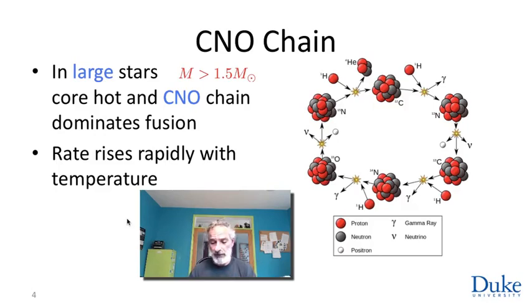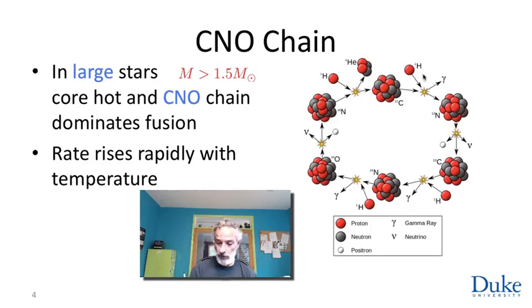This is a process in which the steps are many and detailed, and we don't need to go into them, and you can read up on them. But basically, the presence of carbon in the core catalyzes fusion in the sense that carbon fuses with hydrogen to produce nitrogen, which decays to leave carbon, a different isotope of carbon, which fuses again to produce another isotope of nitrogen, which fuses with another hydrogen atom producing oxygen, which decays to an isotope of nitrogen, which fuses with yet another proton, emits an alpha particle, and returns us to the original carbon atom.